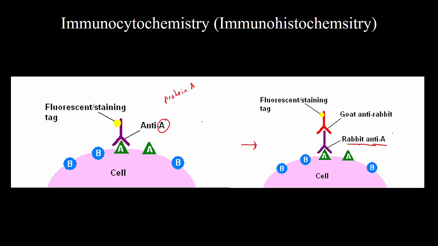So now the goat will make antibodies against the rabbit stuff. And I can add a fluorescent marker to that biochemically. Here only one is shown, but again, in reality, 10, 20, many goat anti-rabbits join and bind to the rabbit antibody.